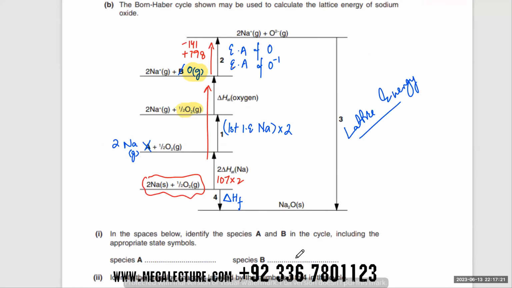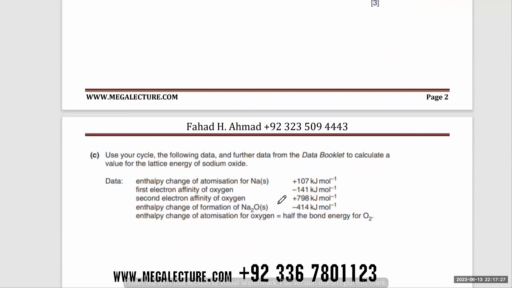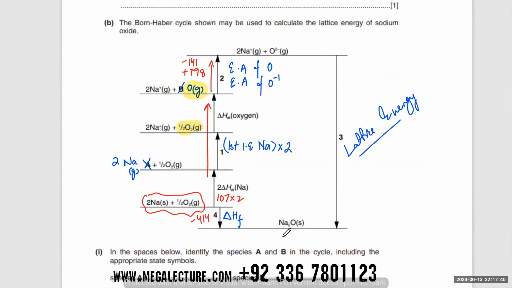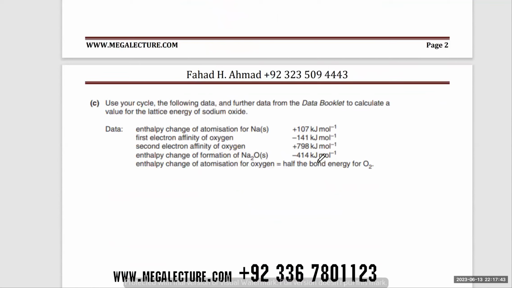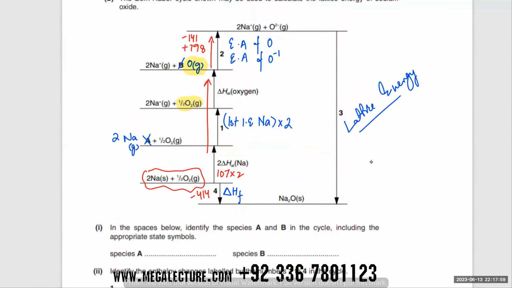Then they've given us the enthalpy change of formation of sodium oxide, which is -414. And they've told us that the atomization of oxygen is basically equal to half the bond energy of oxygen. That is 496, given in the data booklet. So that's half times 496. It's this part.